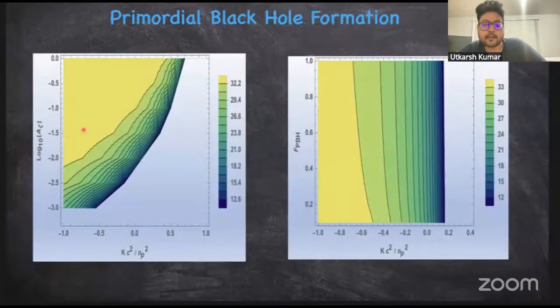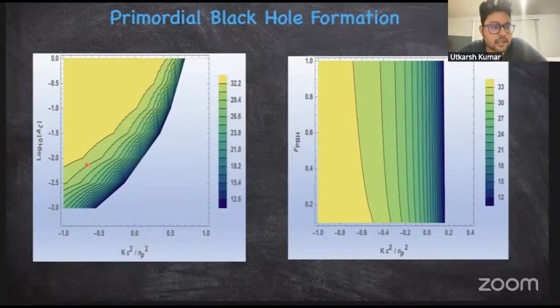So in the left panel, we show the region of parameter space for A_zeta and for different masses of the black holes in grams, such that the primordial black holes comprise the totality of the dark matter.